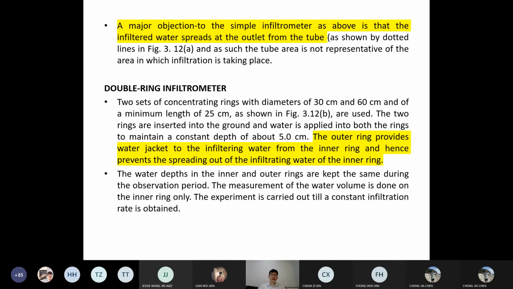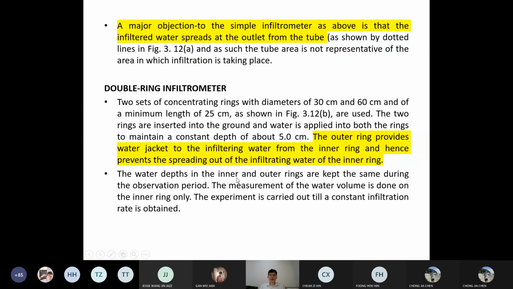And there is another method we call the double ring infiltrometer. In this double ring infiltrometer, the outer ring provides a water jacket for the infiltrating water from the inner ring, and hence prevents the spreading out of the infiltration water of the inner ring.